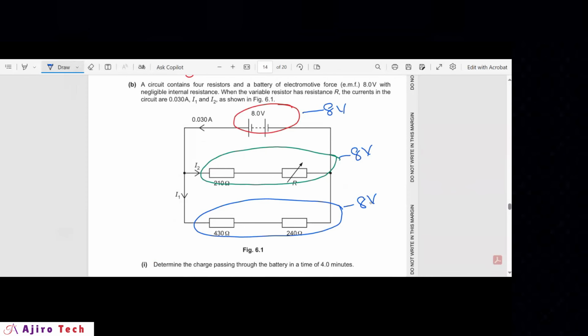Because in parallel there is the same PD, different current. So these 8 volts here are shared between the 210 ohm resistor and the resistor R. The 430 ohm and 240 ohm are sharing 8 volts. So the voltage across 430 plus 240 is equal to 8. PD across 210 plus PD across the variable resistor is 8.